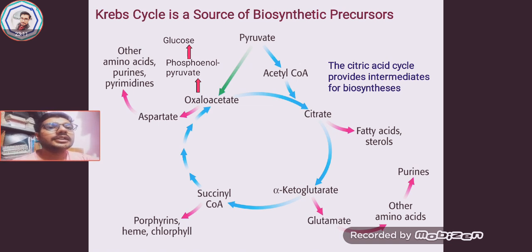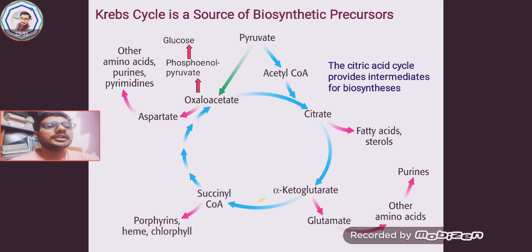Now finally, the Krebs cycle is a source of biosynthetic precursors. We can see many things can be formed from different intermediates of the Krebs cycle. Citrate can form fatty acids and sterols, alpha ketoglutarate can form glutamate and other amino acids, and ultimately purines also.